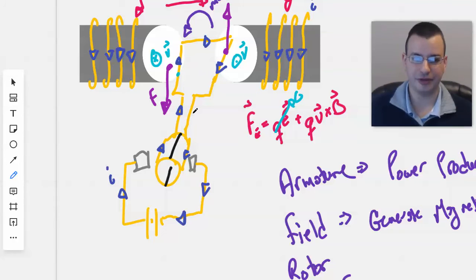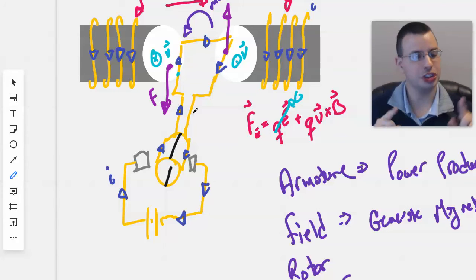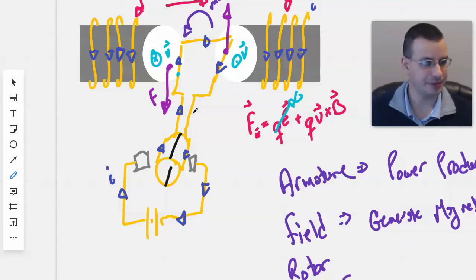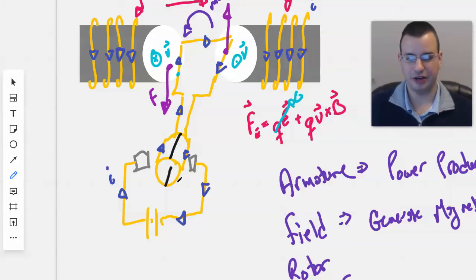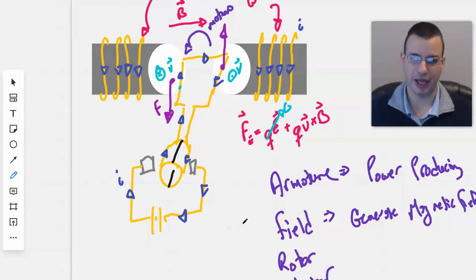It's also one of the downfalls. One of the challenges is that having to commutate, switch the current every time the motor rotates, causes more wear and tear than if it didn't have to. So that's one of the key elements of a DC motor and how it works.